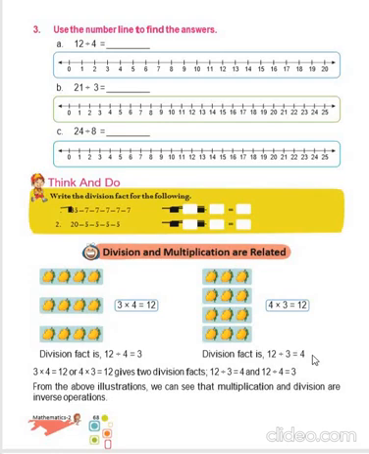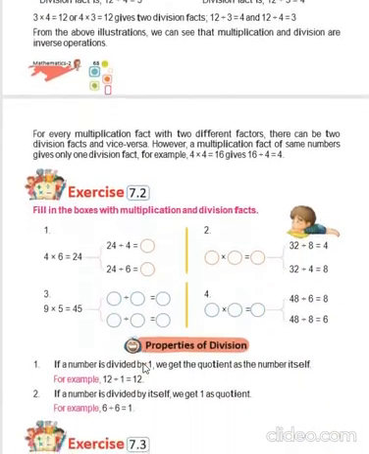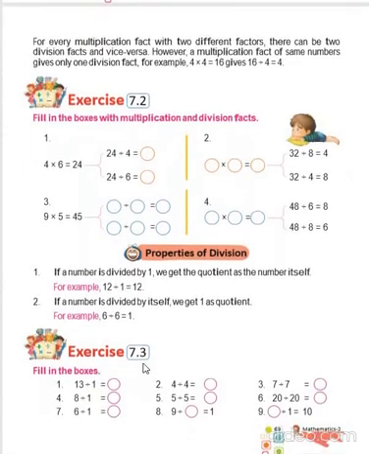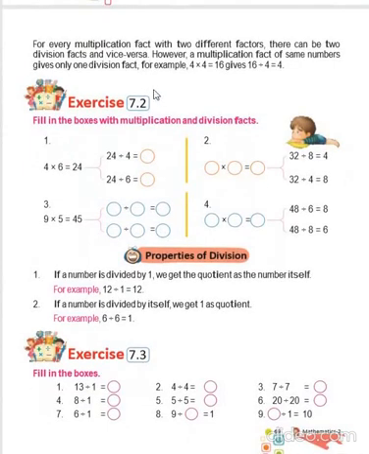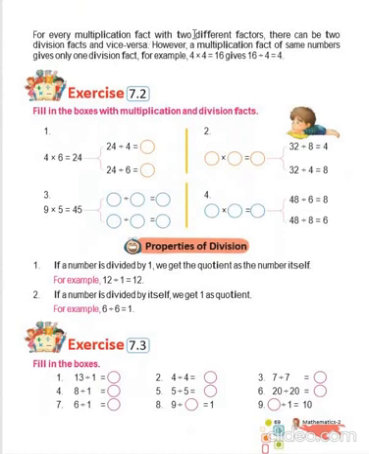So what you have seen is that multiplication and division are inverse operations. So for every multiplication fact with two different factors, there can be two division facts and vice versa. Now come to exercise 7.2. This one you have to do in the same way as explained earlier.